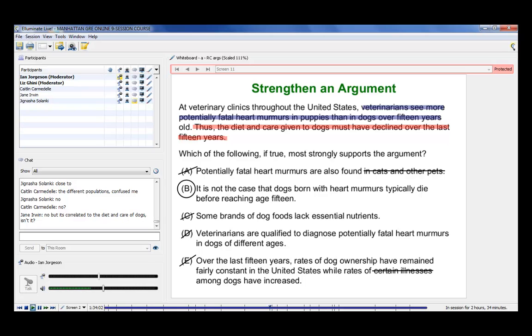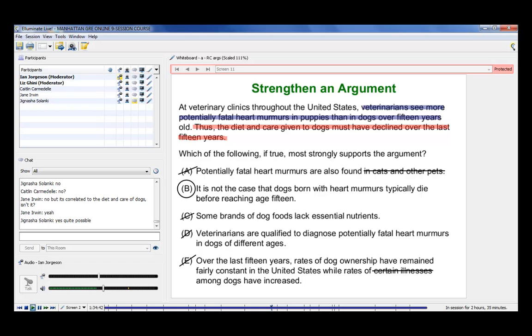Isn't it possible that the illnesses have nothing to do with the diet of the dog or how well you care for them, but they're just random illnesses that have increased because there's new bacteria or viruses in the world? E doesn't connect in any way, shape, or form to either diet and care or to heart murmurs. It's just illnesses. E is like A, cats and other pets. If E is going to be the right answer, we need to show that the illnesses are related to the diet and the care, and then that also is related to the heart murmurs. They don't do that, so E is out.